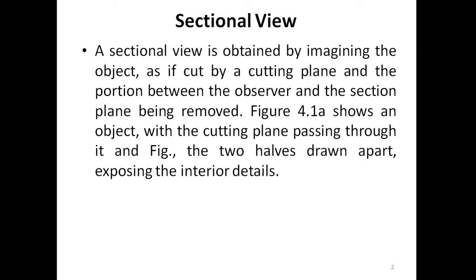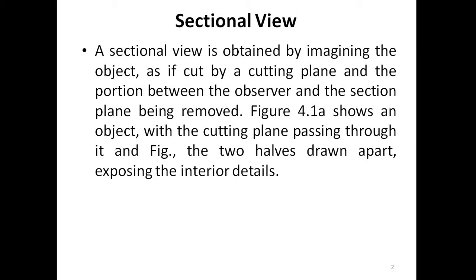The figure shows an object with the cutting plane passing through it. In the last lecture we saw the cutting plane XX where the object is cut and its sectional view is drawn. The two halves are drawn apart and the internal details are given.